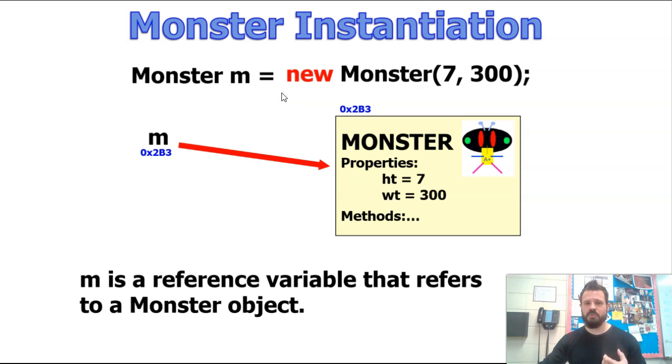And when it sets it equal to a new monster 7, 300, it's going to create a monster object with height set to 7, with weight set to 300, with some different methods we can run. And then at that reference variable m, it's going to store the memory location of where I can find that object off in Java's heap. So we'd say m is a reference variable that refers to a monster object.